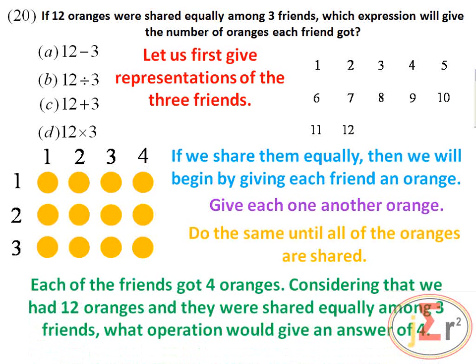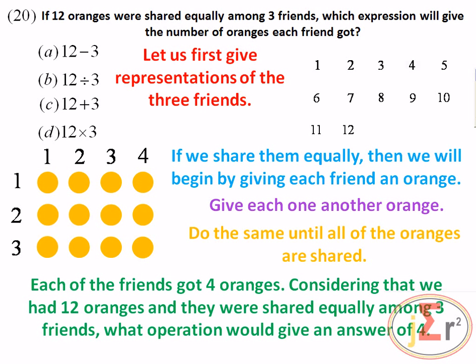Each of the friends got how many oranges do we see there? 4 oranges. Considering that we had 12 oranges and they were shared equally among 3 friends, and each friend got 4, which operation would give us an answer of 4?